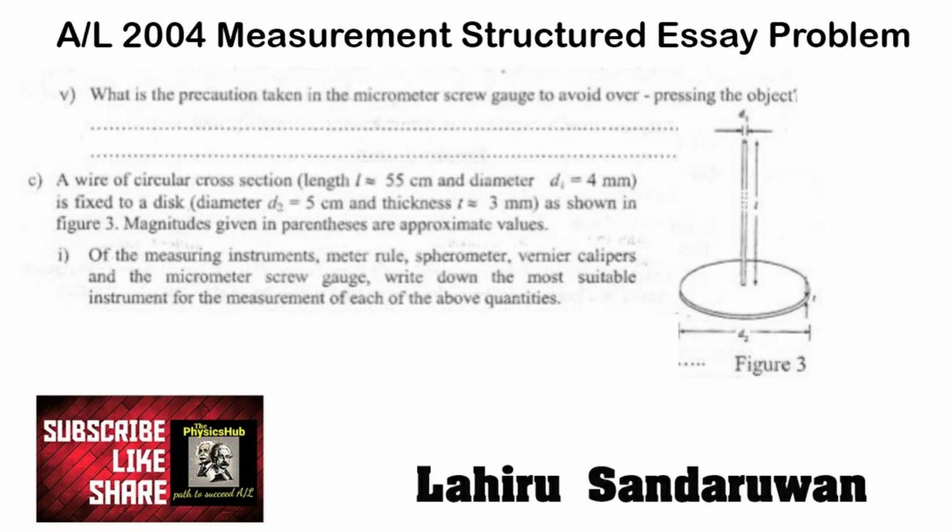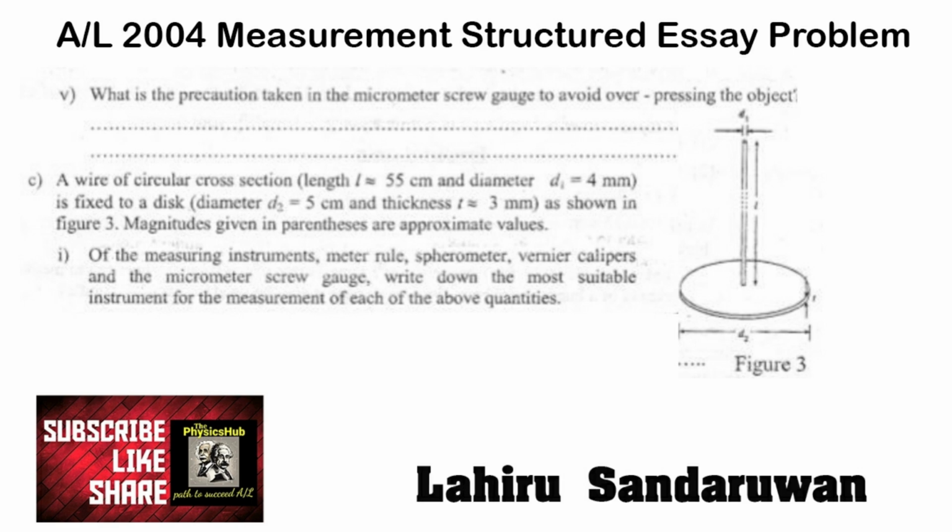Then part C. A wire of circular cross section, length approximately 55 centimeters and diameter D1 4 millimeters, is fixed to a disc of diameter D2 and thickness T. Approximate values are given: diameter 5 centimeters and thickness 3 millimeters, as shown in figure 3.